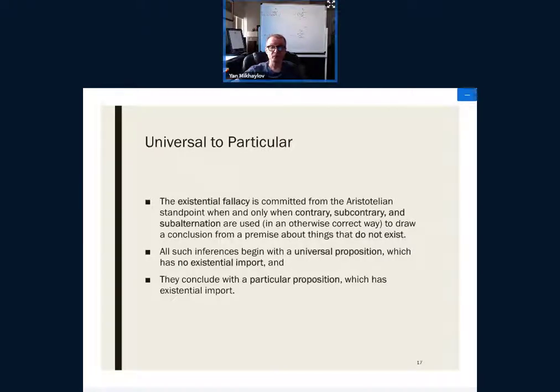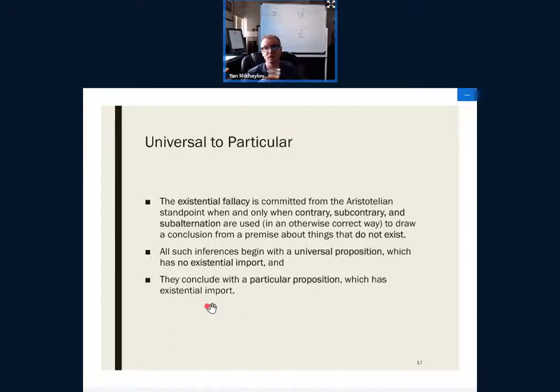Every single time you would be doing any of that, you would be going from universal to particular. And remember, universal to particular just means that your top part would be shaded and your bottom part would have an X. It does not necessarily mean that your top part would always be all or no. Why not?